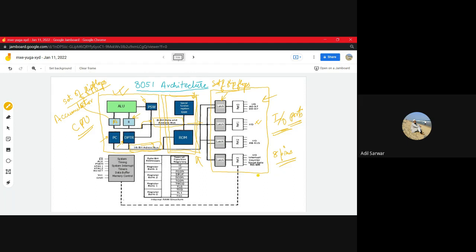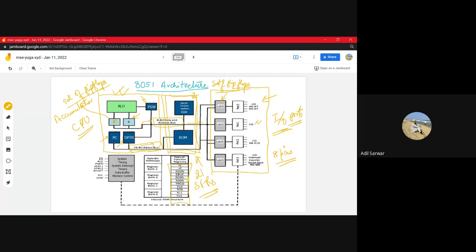So this is about the IO port of 8051. And then I told you that there are various SFRs in 8051 which we would be discussing separately. And there are actually 21 SFRs. Each has got different specific function to perform.